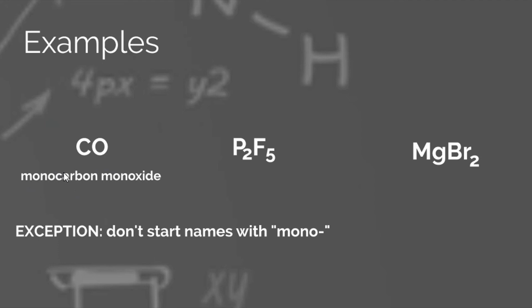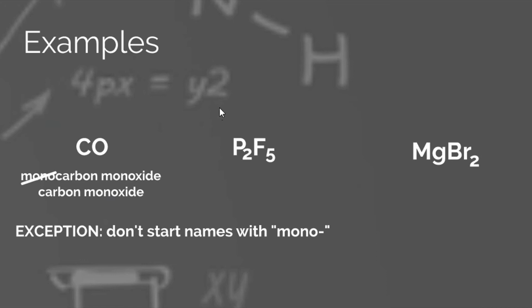Never start a chemical name with mono. So we'll be getting rid of just the first mono. We're still keeping the second mono because that's part of the second word. It's not the beginning anymore. And so the proper name for this CO compound is actually carbon monoxide. And again, it's very important to remember that we're only dropping the first mono, but not the second.